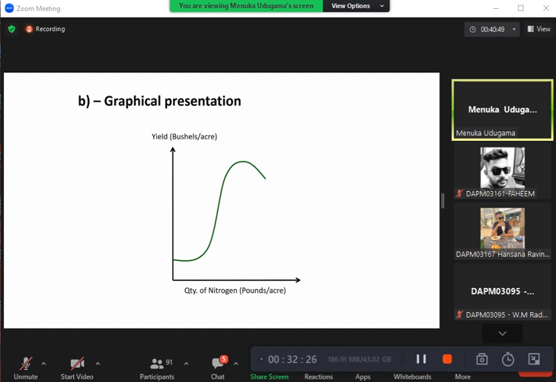What's this shape called? Any answers? No? This is a sigmoidal shape, isn't it? Sigmoidal shape because it's a biological relationship.